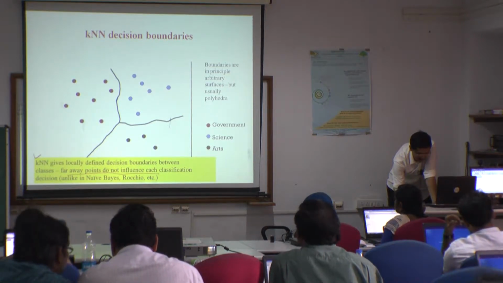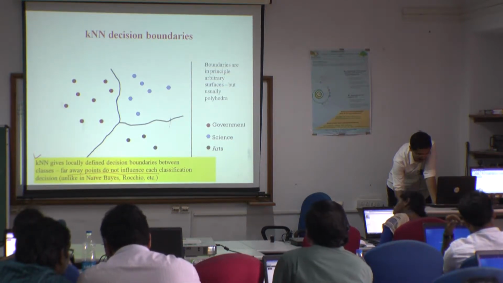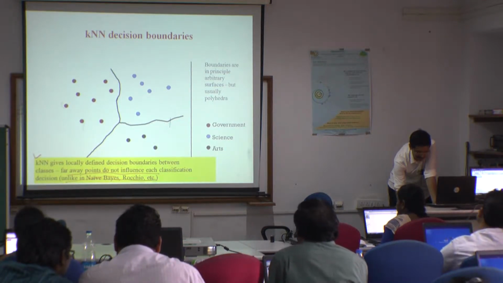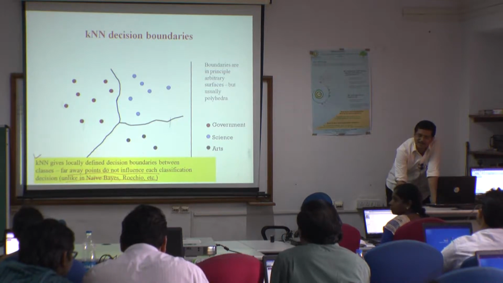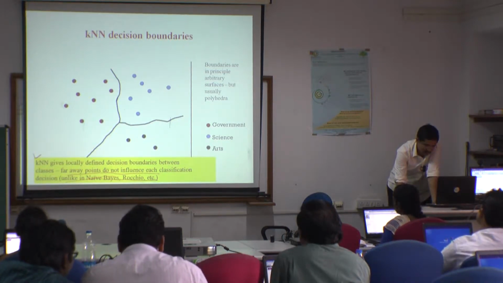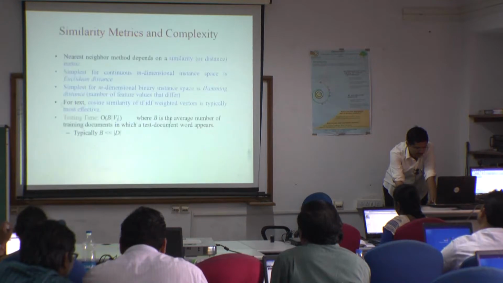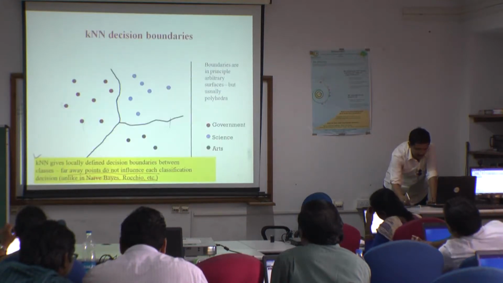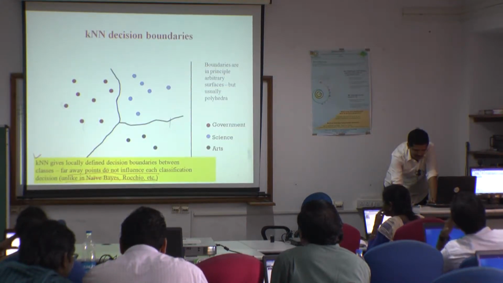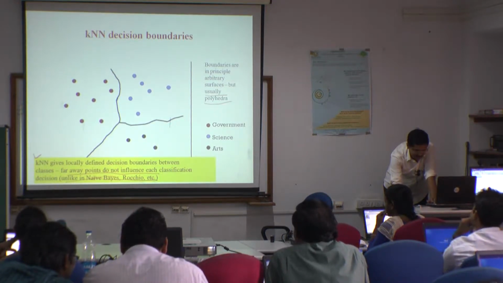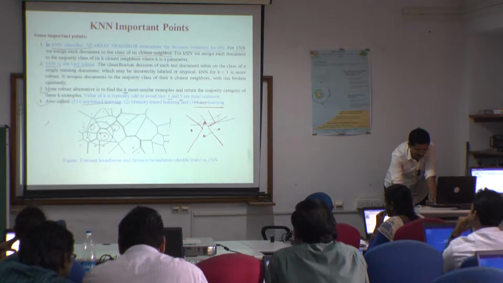This is the problem with the Naive Bayes classifier and Rocchio classifier. They are affected by outliers, but here it locally identifies the boundaries. Here it is also discussed that boundaries are usually polyhedra as used in the Voronoi diagram.